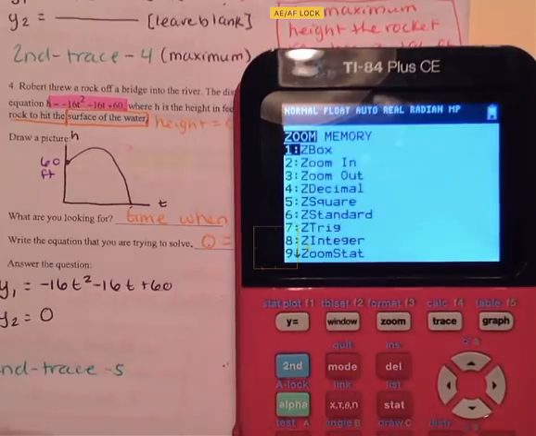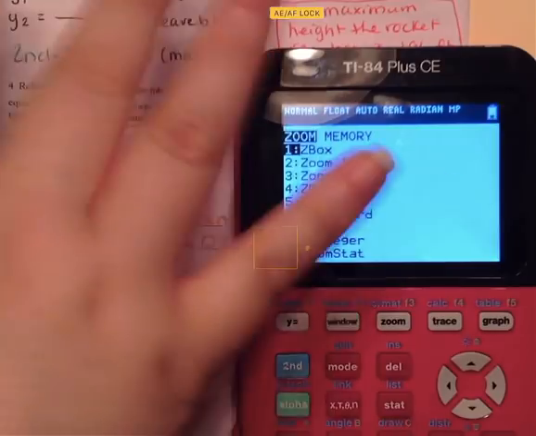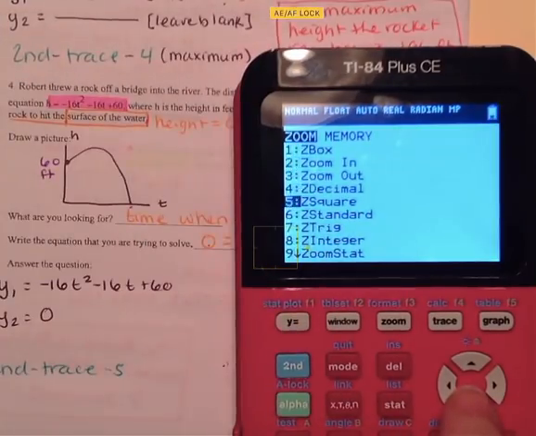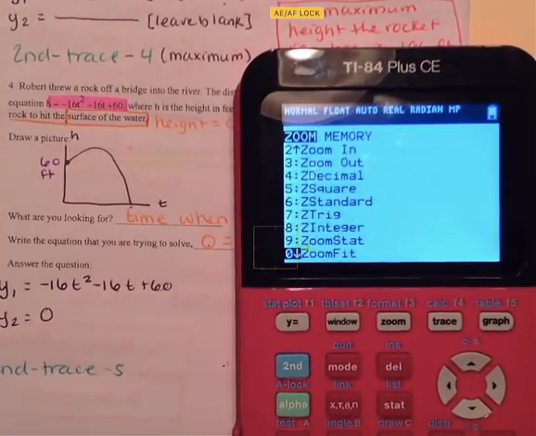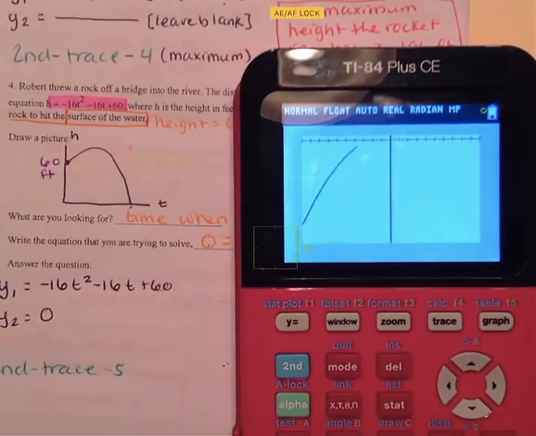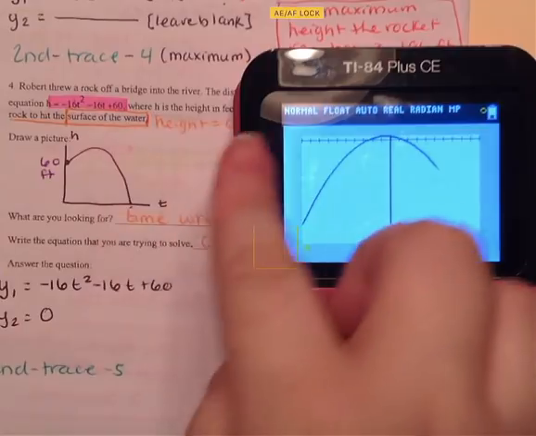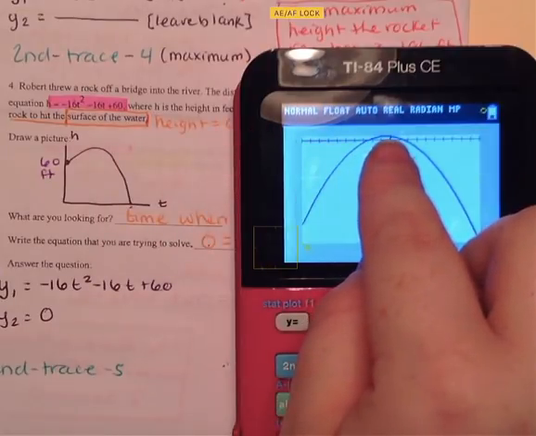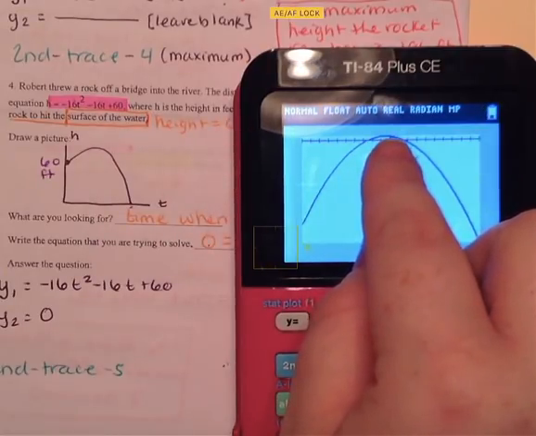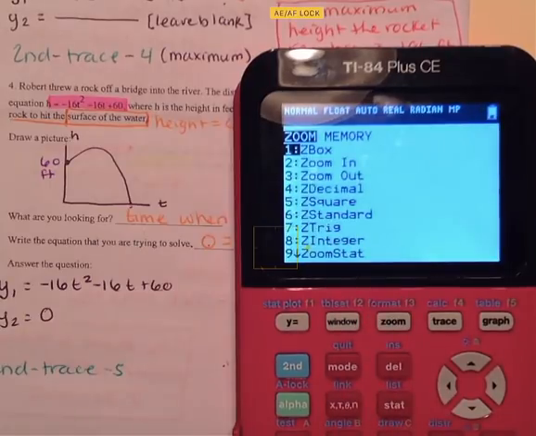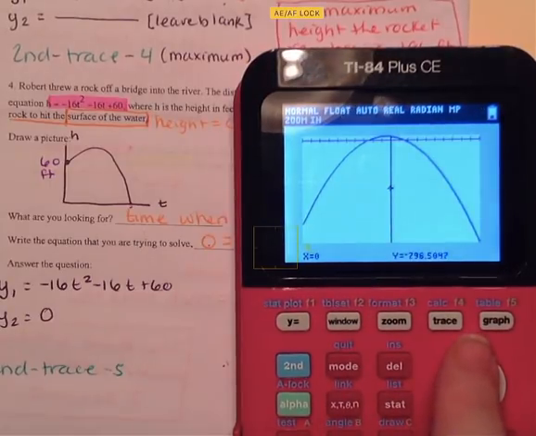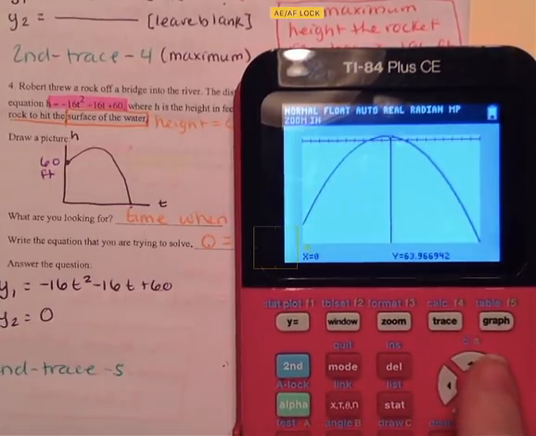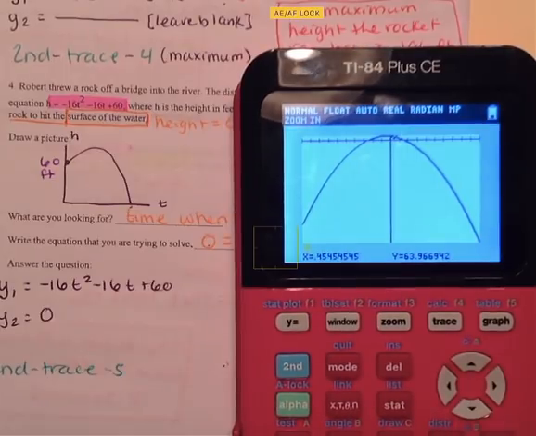Then I go to zoom, and because the last one I had was zoomed really weird, I'm going to press zoom 0 again so it fits this graph. There's our parabola. It goes up, and this little section right there is where we're looking, but it's really hard to see. I can zoom in on that, so I'll press zoom 2 and zoom in on this area so you can see it a little bit better.